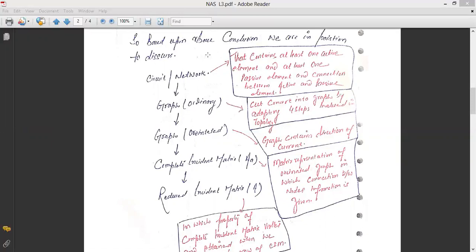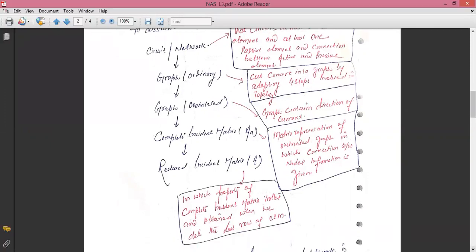And after the final stage of this complete incident matrix, we get a reduced incident matrix, RIM, denoted by capital A. It is the matrix that is obtained from the complete incident matrix, and it violates the property of the CIM.